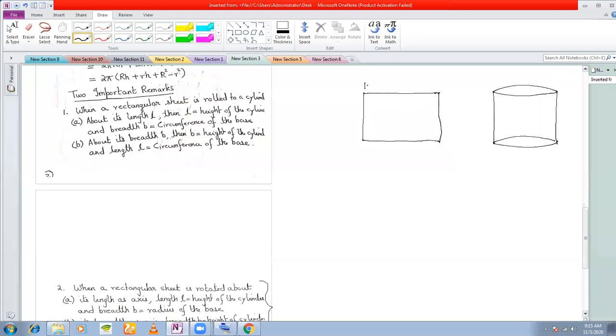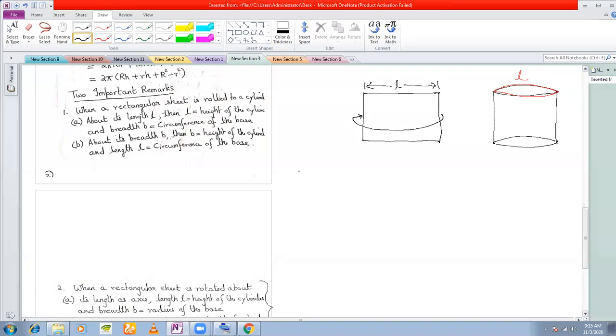If the length of this part is L, this part becomes the circumference of this circle. And what can you see about the radius of the cylinder? When you are rolling it along this, you are making these two L by 2 sides meet.